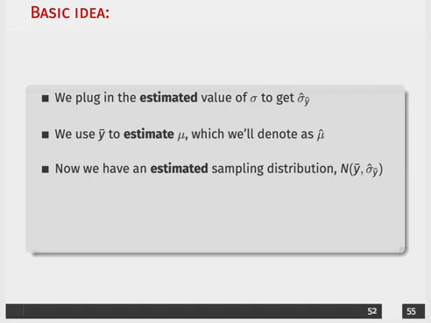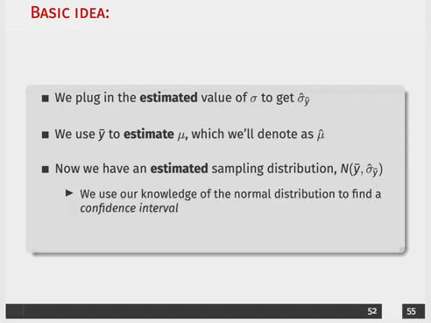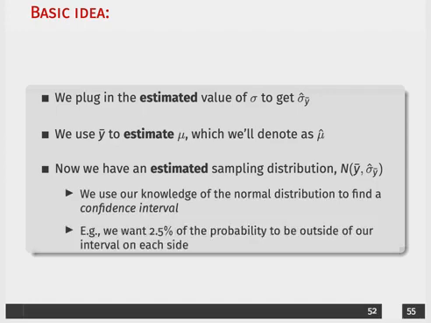It should be centered around y bar with the spread equal to sigma hat. We'll use our knowledge of the normal distribution to find a confidence interval. So we're invoking the central limit theorem here and using what we know about that, as well as the sampling distribution of y bar, to make some bounds around how that data is spread.